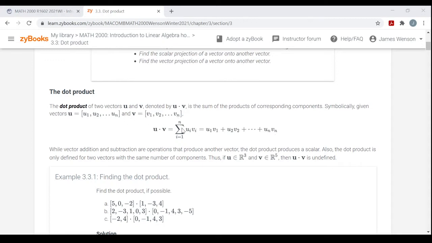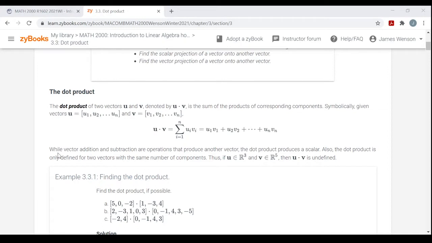So again, pretty simple arithmetic here. You're just multiplying the corresponding components and then adding those products up. So notice, the result is a number, not a vector.